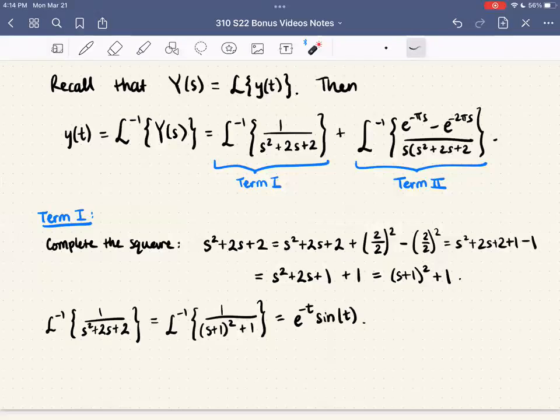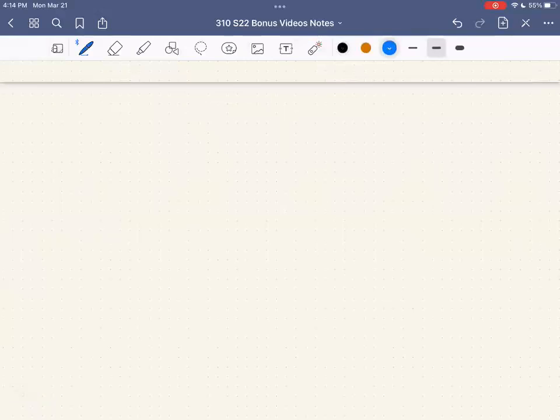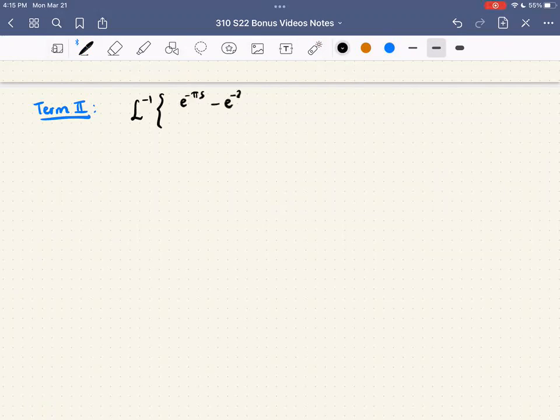All right, let's move on to term 2. Really, we want to find the inverse Laplace transform of e to the -pi s minus e to the -2 pi s, all over s times s squared plus 2s plus 2.